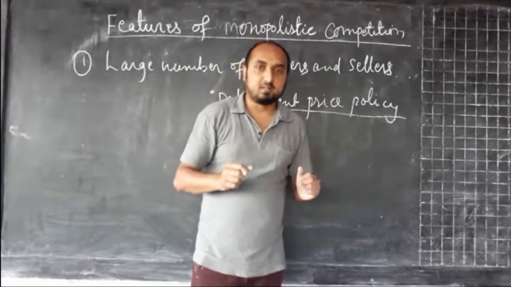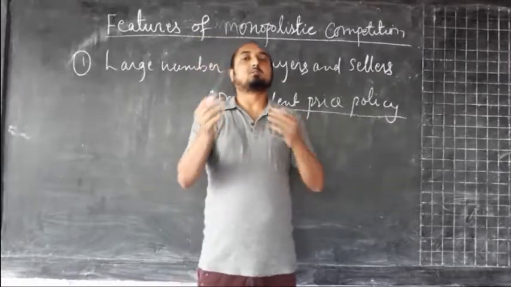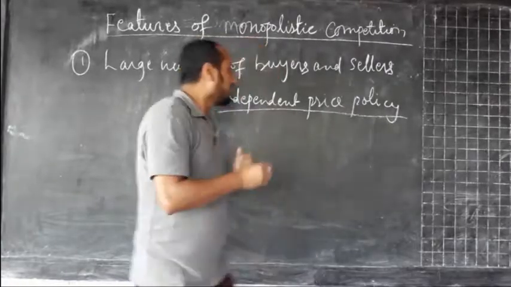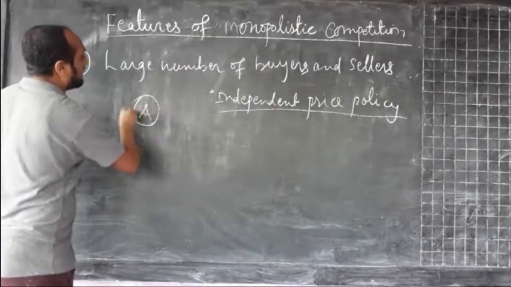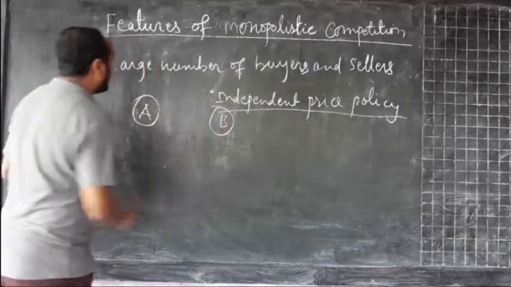Independent price policy means, suppose there are two firms, firm A and firm B, which are rival firms.